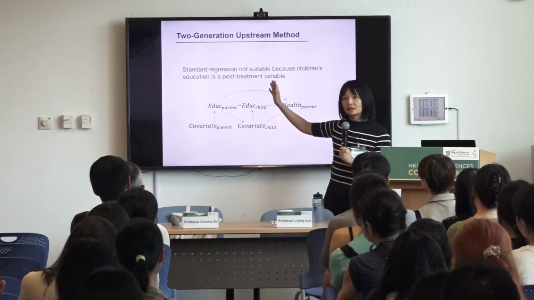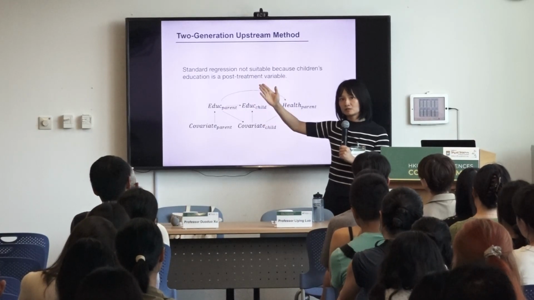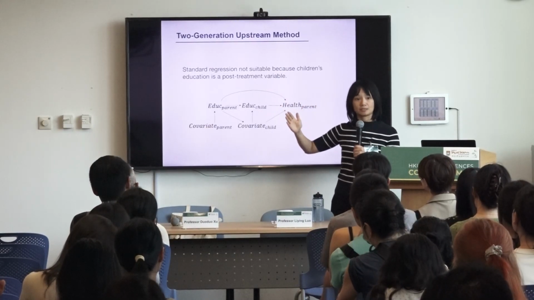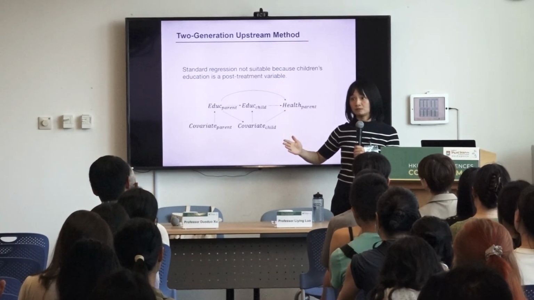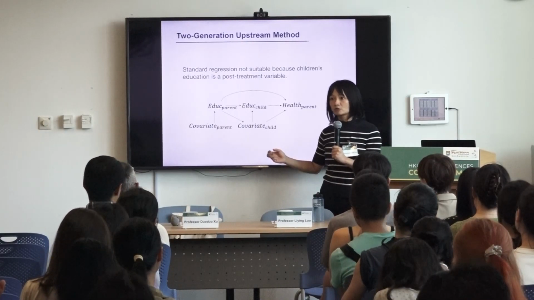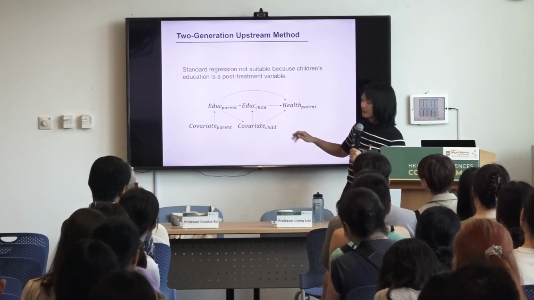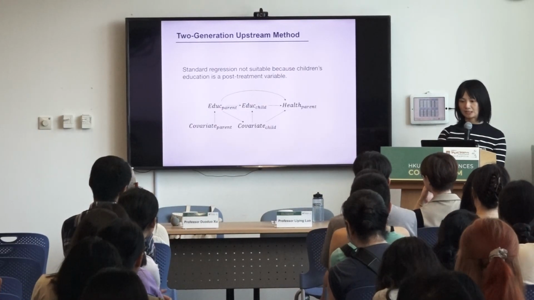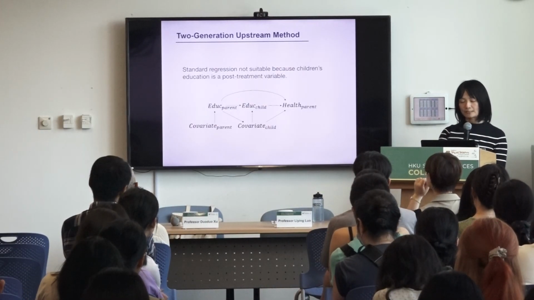That is like thinking about a hypothetical scenario where all children go to college, or where all children at least complete high school. I think this quantity is very useful for answering our research question, even though it's less used in empirical research on education and health.